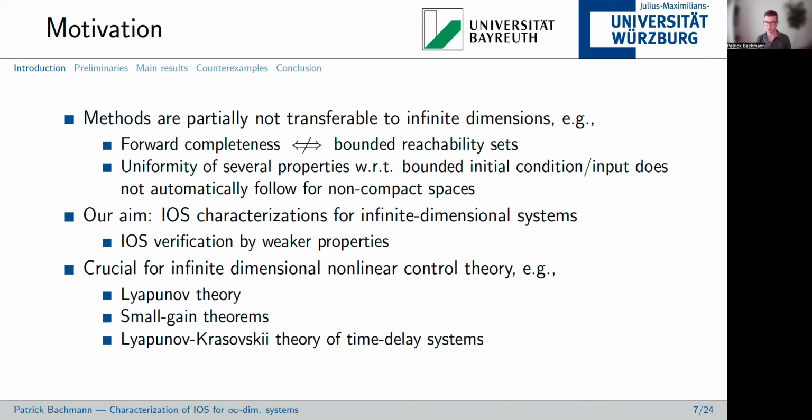And these problems also persist in input-output systems. And therefore, we wanted to introduce an IOS theory. And especially we started with IOS characterizations, IOS superposition theorems for infinite dimensional systems.